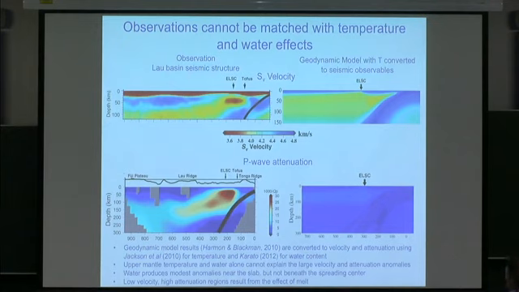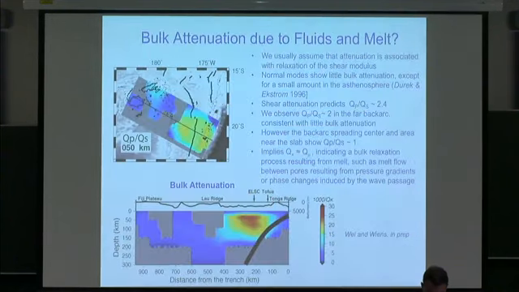And then this is what we would predict for the attenuation structure just on the basis of temperature, where the temperature is inferred from metrology of the backarc spreading center, and elevated water content. So basically, we really require melt in order to even come close to matching the seismic velocities that we see.